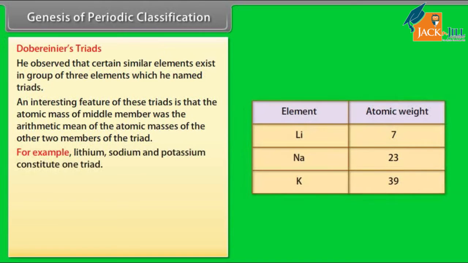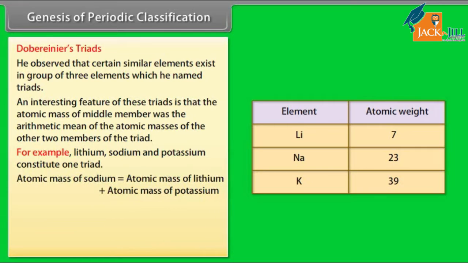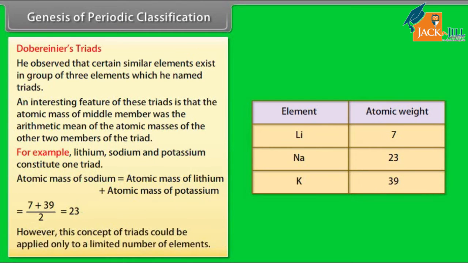For example, lithium, sodium and potassium constitute one triad. Atomic mass of sodium is equal to the atomic mass of lithium plus the atomic mass of potassium divided by 2, that is, 7 plus 39 by 2 is equal to 23. However, this concept of triads could be applied only to a limited number of elements.